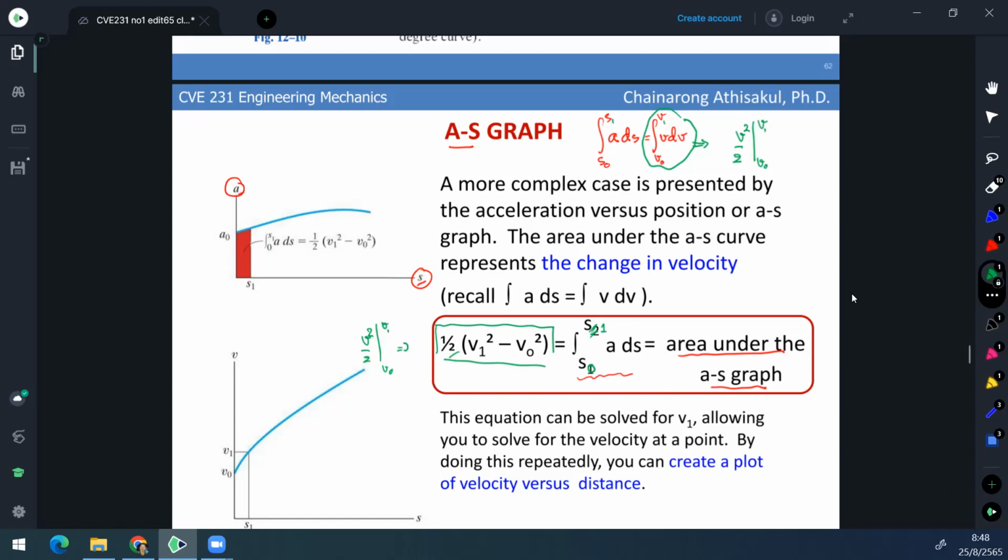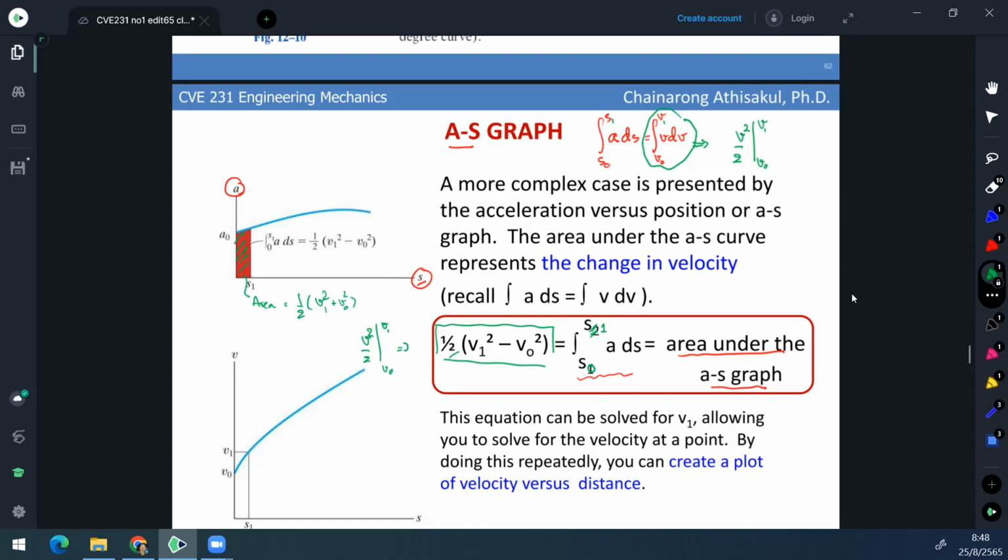According to this, we will see that the area of the a-s graph is not the direct change in velocity, but it is equal to this term, a half of v1 squared minus v0 squared.